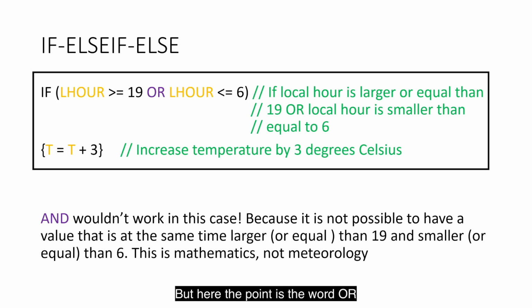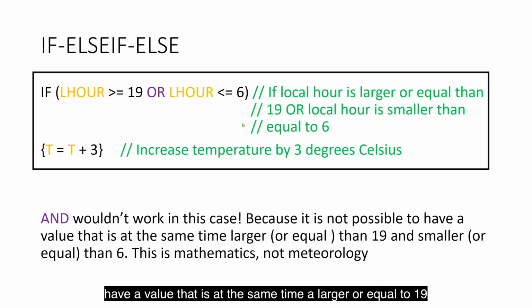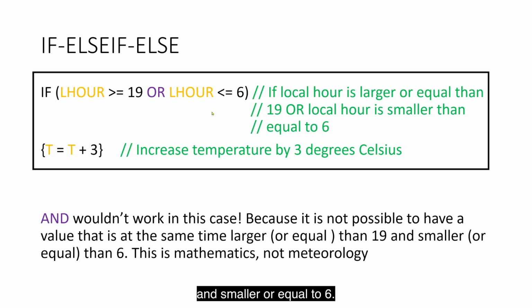But here the point is the word or that is dividing this condition into two parts. It's enough for this result to happen if one of these conditions is fulfilled. Note that the word and wouldn't work in this case because mathematically it's impossible to have a value that is at the same time larger or equal to 19 and smaller or equal to 6.